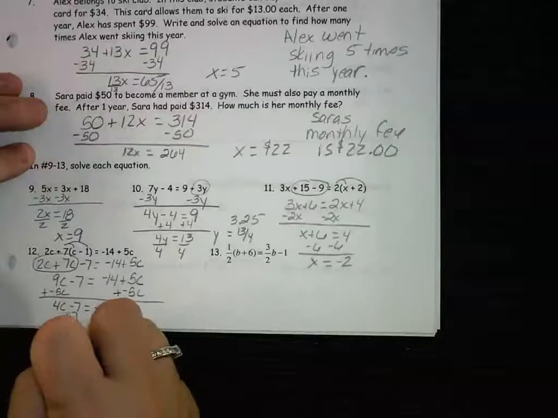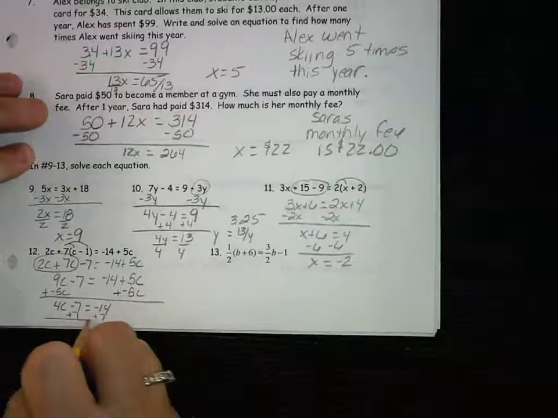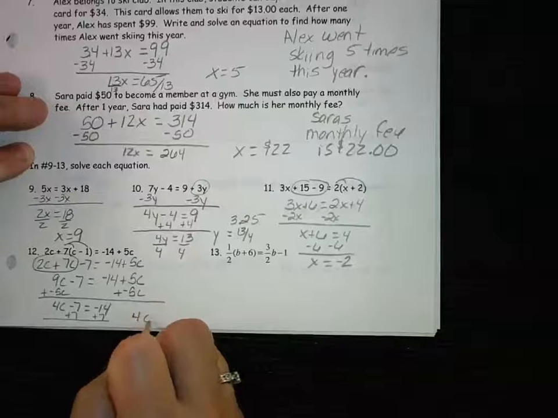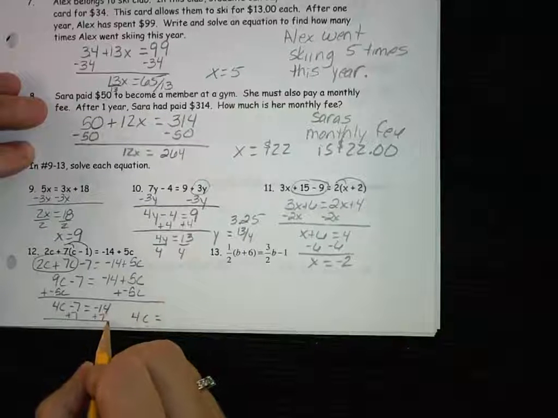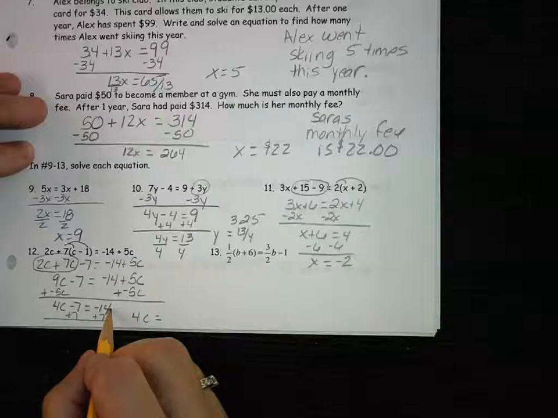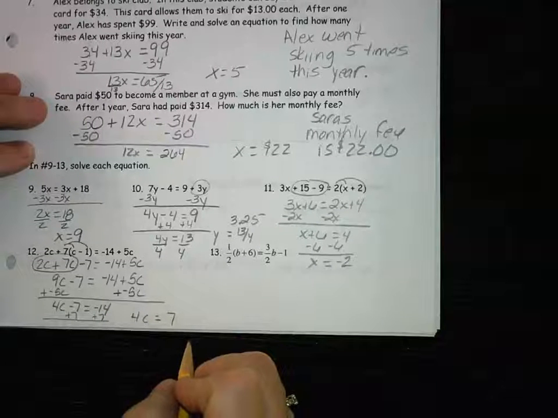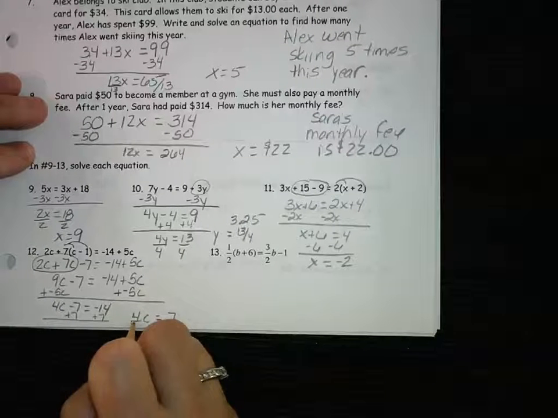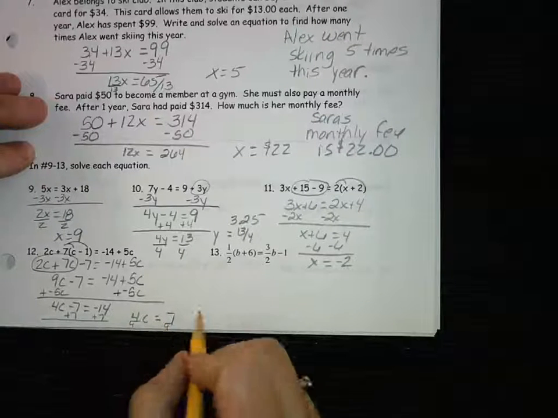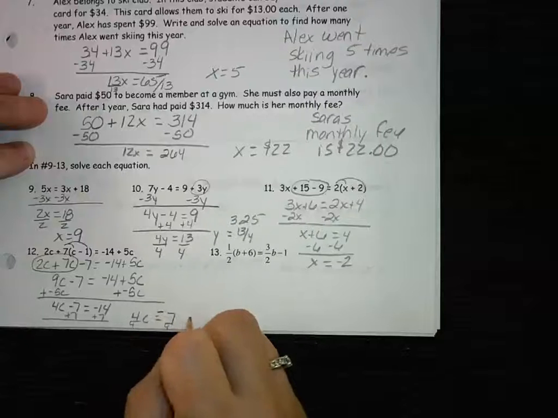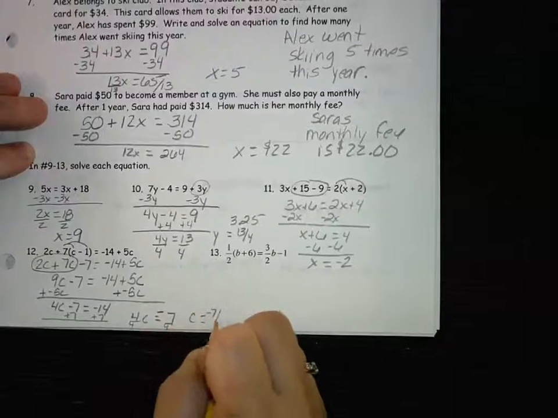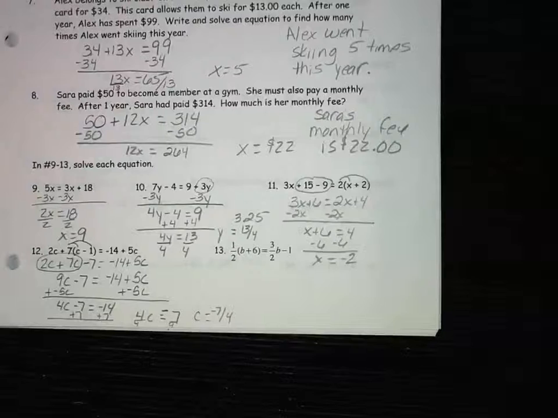When you add 7 to both sides, you end up with 4c equals negative 14 plus 7, which is negative 7. And then dividing both sides by 4, oops, that's a negative 7, isn't it? Your c then is negative 7 over 4.